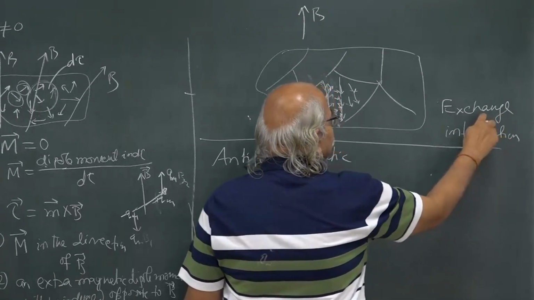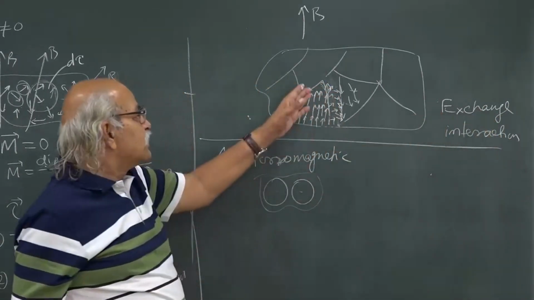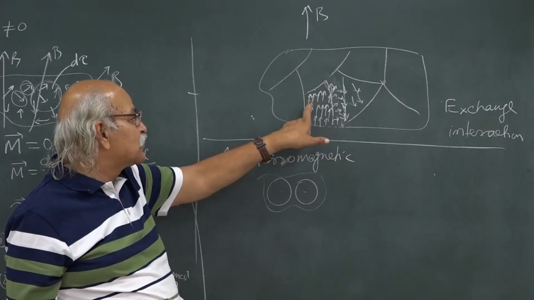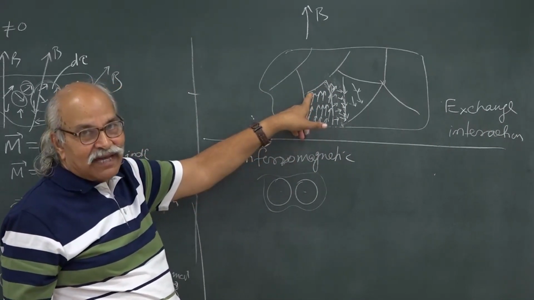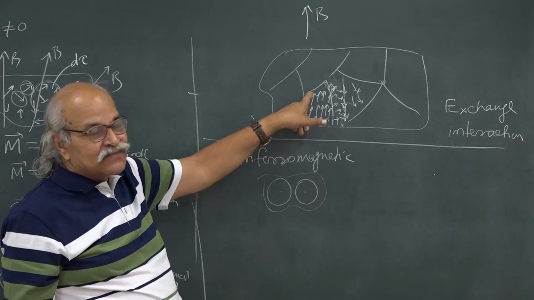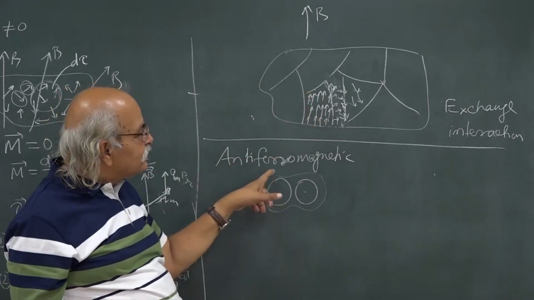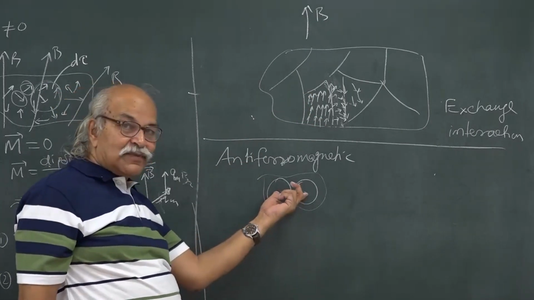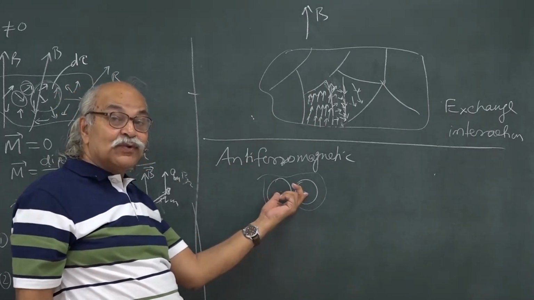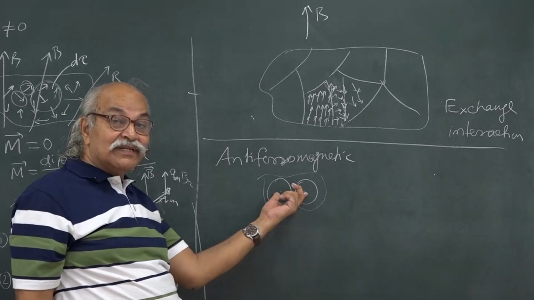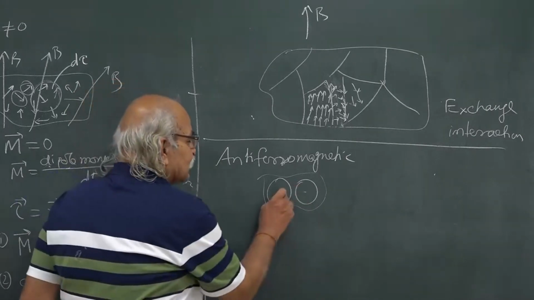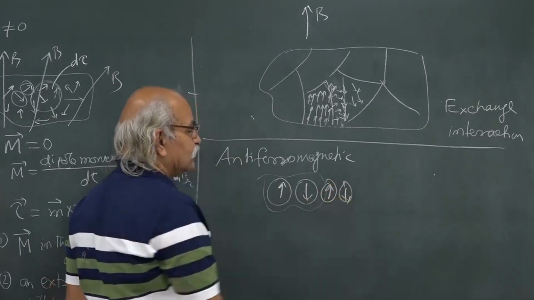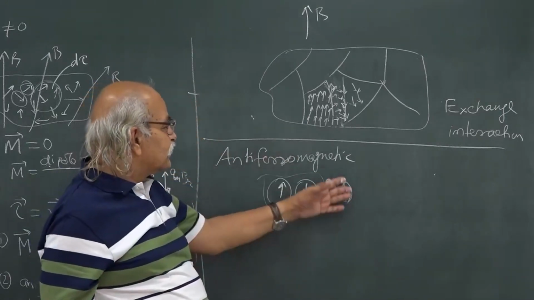Here the exchange interaction is such that the neighboring atoms are encouraged to align their magnetic moments parallel, and here the exchange interaction is such that the neighboring atoms are encouraged to align their magnetic moments anti-parallel. So if this is this, the next one will be this, the next one will be this, like that. The exchange interaction will do this.